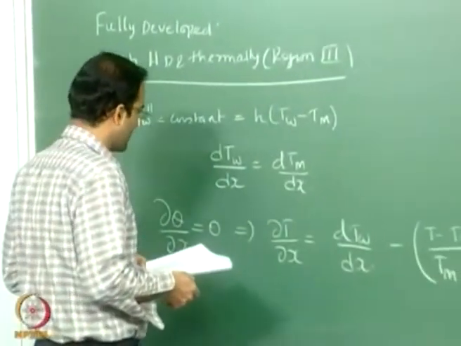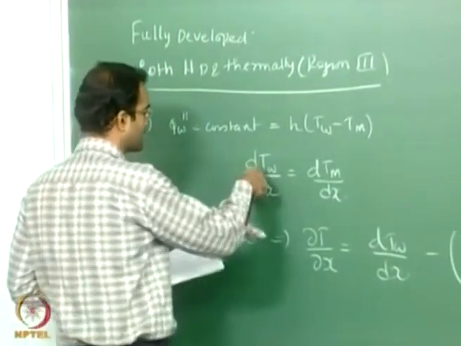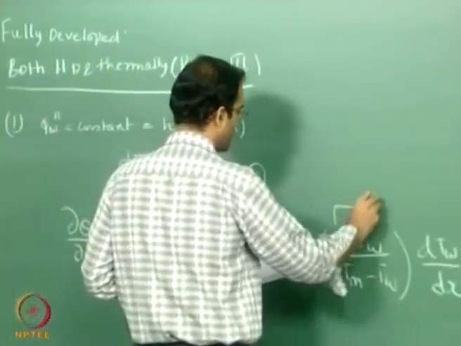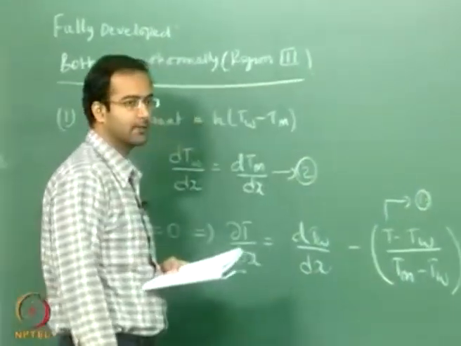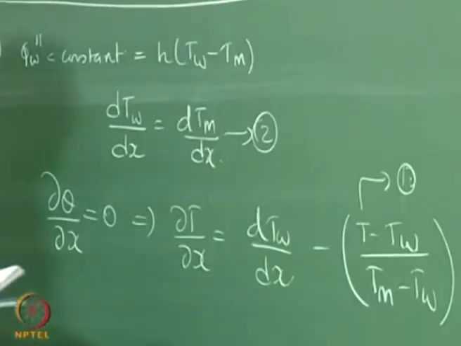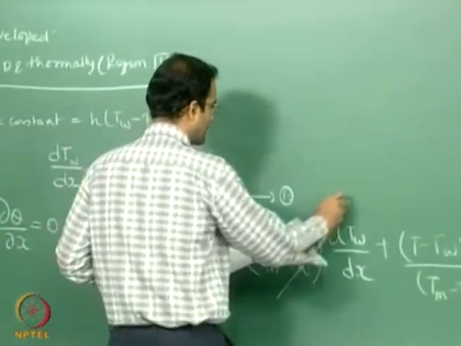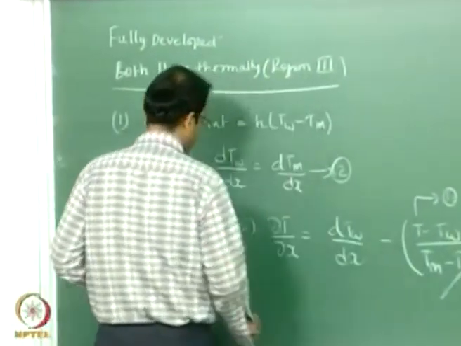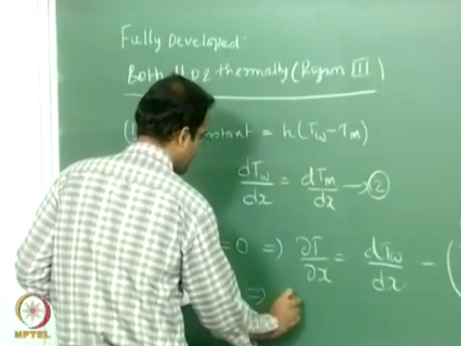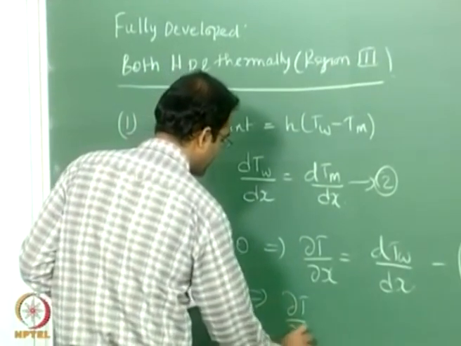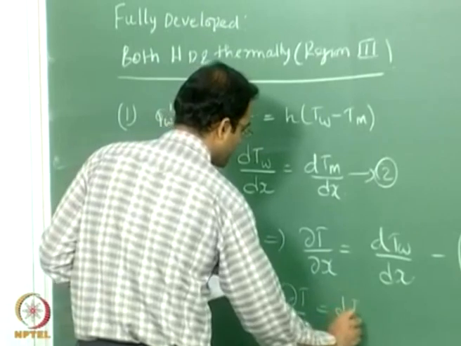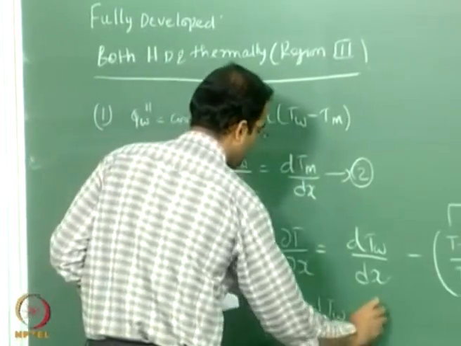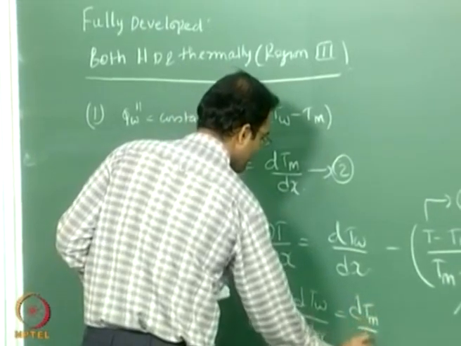Now if you call this number 2 and this number 1, substituting 2 into 1, you cancel off these terms because they are identical, and therefore you come to the conclusion that my dT by dx should be equal to dT wall by dx, which in turn is equal to dTm by dx.